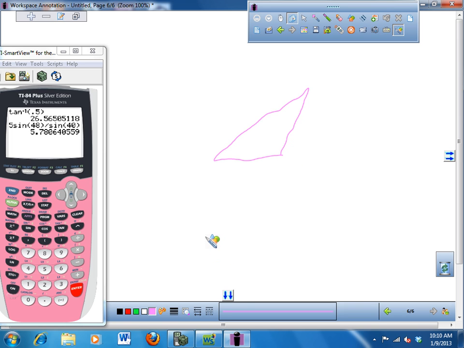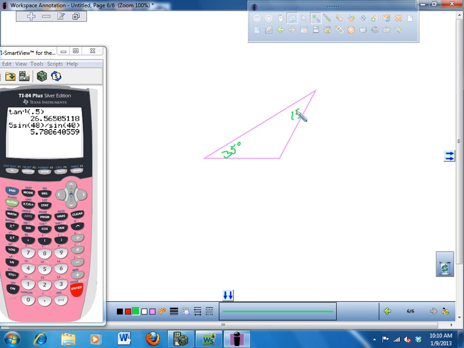Then I'm going to call this angle, let's do it in green, 35 degrees, and 15 degrees, and this over here is 5. Then they want you to find, well, this isn't one where you have to find an angle, is it? Finding angles is reserved for side-side-angle. So we're not going to find an angle, right?